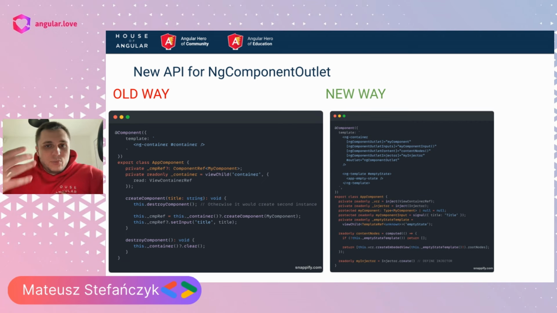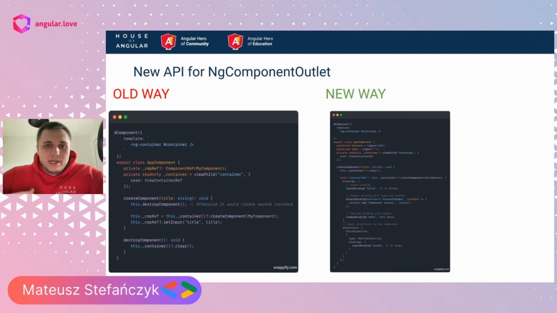Right, so there is a more declarative, simpler way to dynamically create components without bothering with creating and destroying the container and so on. Everything will happen under the hood. But if we prefer the manual way of dynamically creating components, having more control over the process, there will be a new improved API of the create component method.